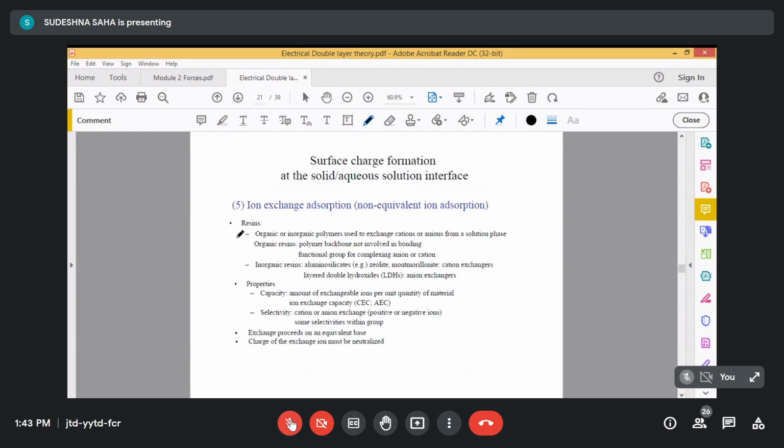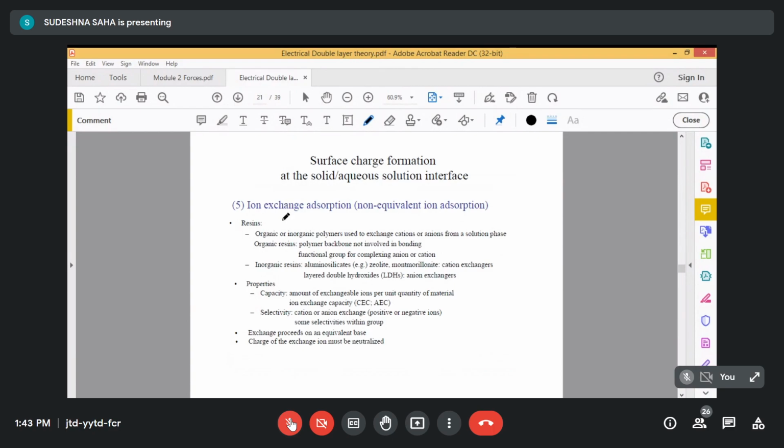This can be used for several other applications which have been written over here. So there could be an anion exchange or cation exchange depending on which kind of resins you are using, and that basically gives rise to a certain amount of surface charge.